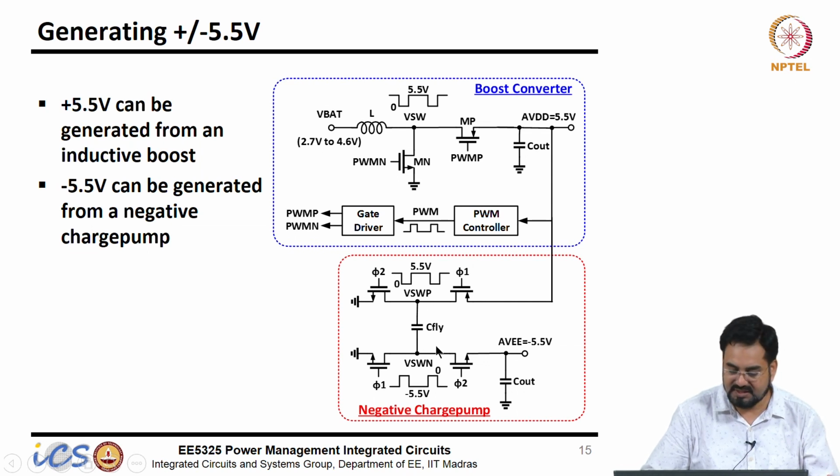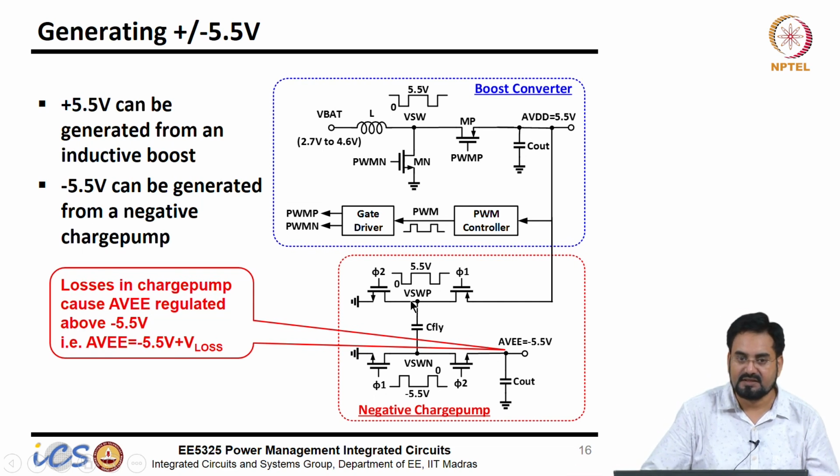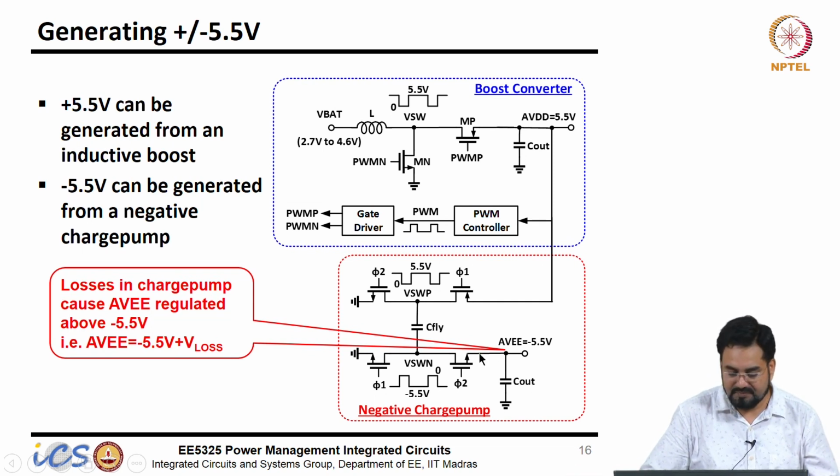So it's a simple circuit, but it has a problem actually. Since we have switches here, they will have RDS on losses as well as switching losses. So based on the losses, when you apply 5.5 volt, there will be IR drop across these switches.